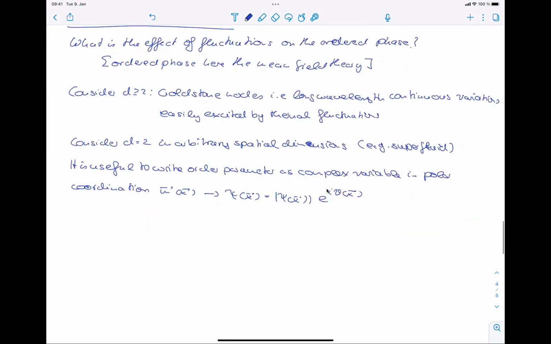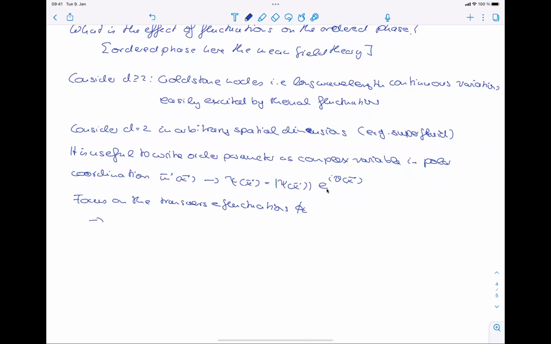And then I can now do the same kind of math as we did for the fluctuations. And we here focus on the transverse fluctuations, and we take the amplitude to be uniform.